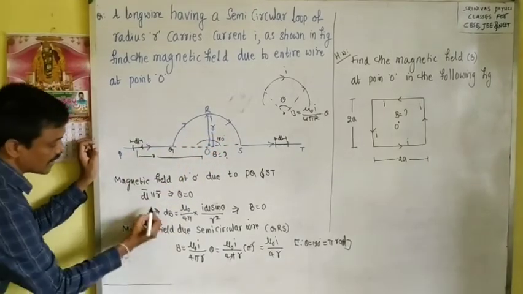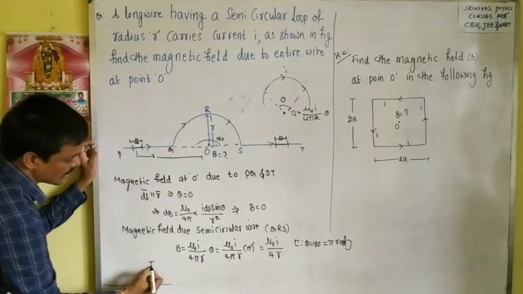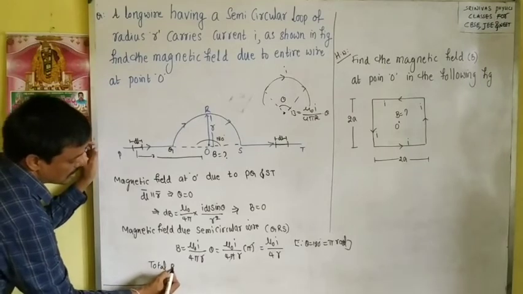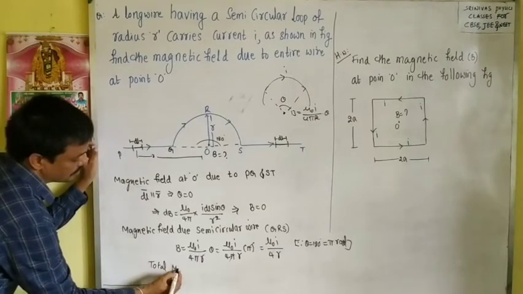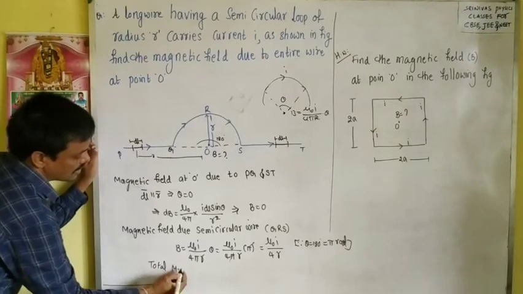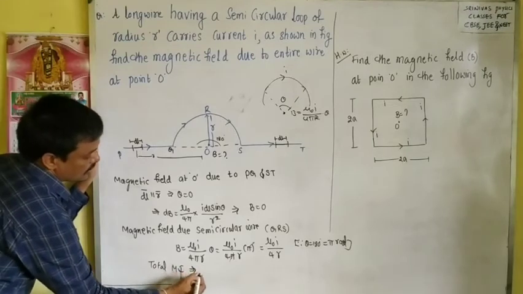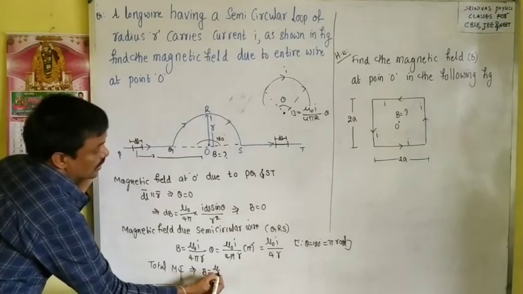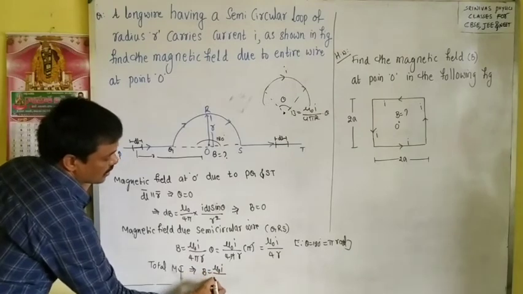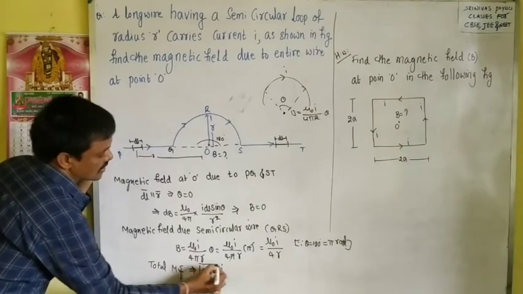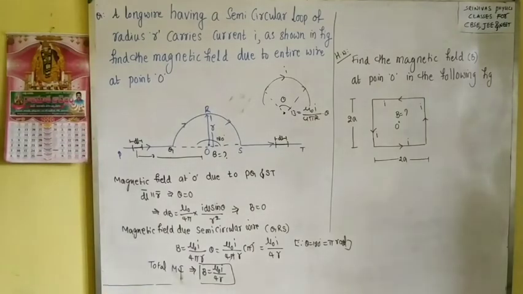Then the net magnetic field B is only mu naught I by 4r, right? This is the answer. Okay, right.